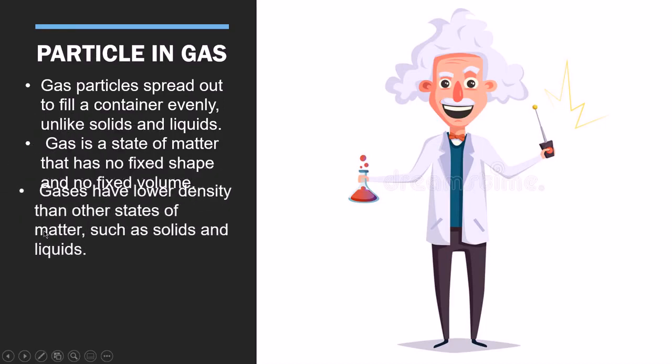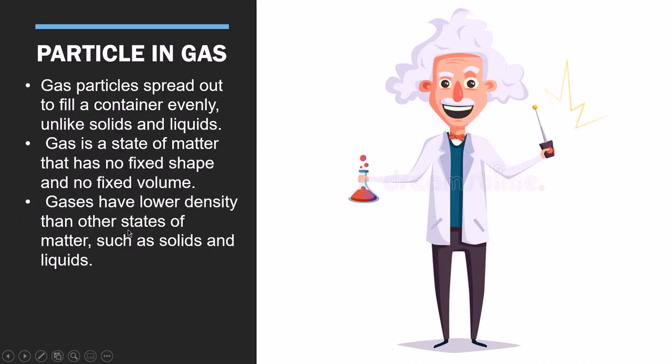Then gas has lower density than other states of matter such as solids and liquids. So gas has a lower density because the particles are further apart and they're not touching each other. In solid and liquid, the density is higher, though liquid is a little lower.